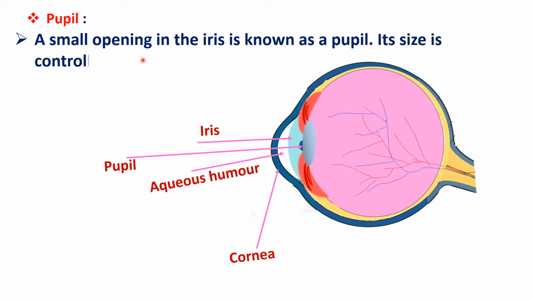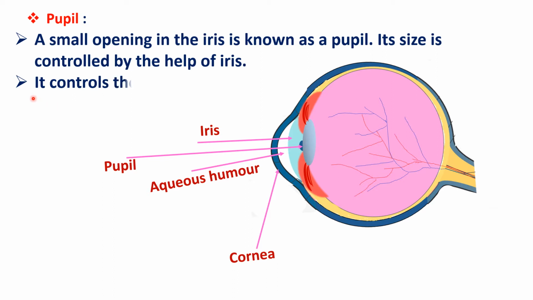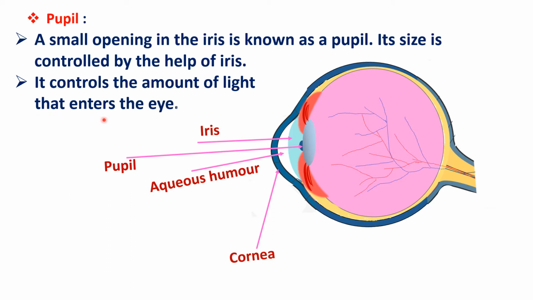Its size is controlled by the help of iris. I already told you it controls the amount of light that enters the eye by changing its size, and the size of the pupil will be controlled by the iris.